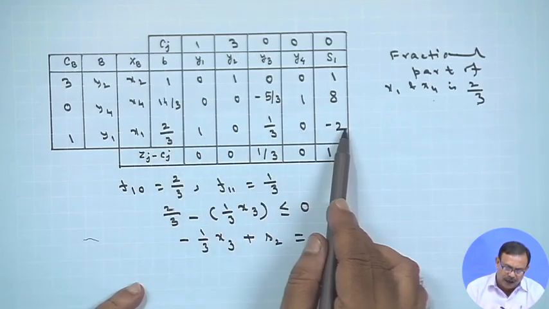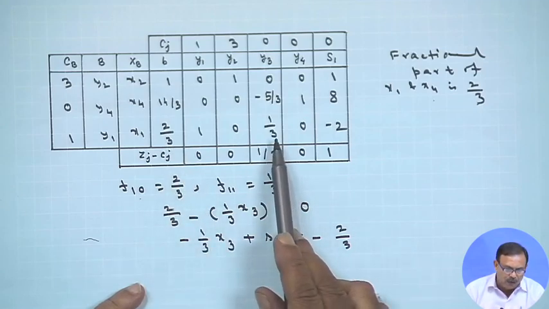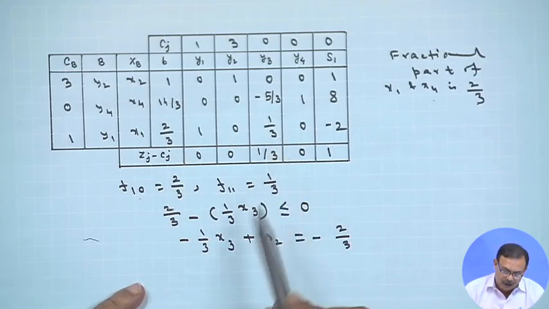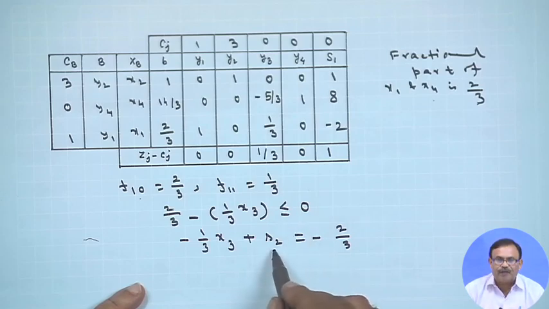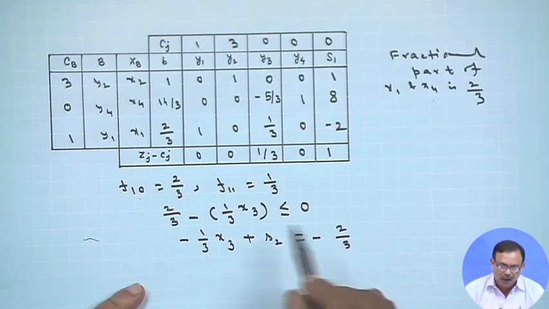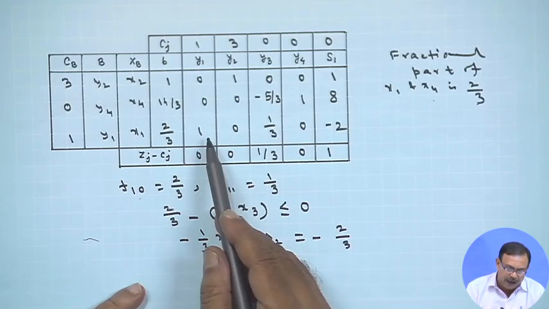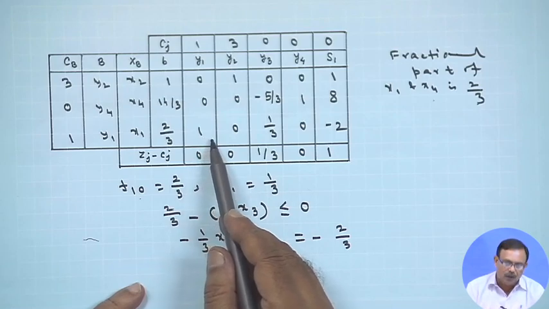I am using say x1. Then your f10 will be 2/3. There is only one fractional part, 1/3. So, you are getting this inequality. By adding the Gomorian slack variable S2, you are getting this equality constraint. Now, this will be added on the existing table, that is on this table it will be added over here.